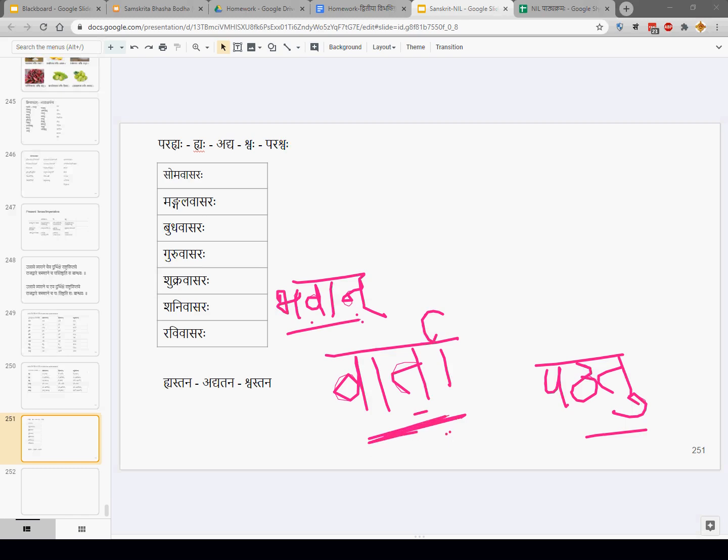What is the Dvitiya Vibhakti, the second case ending, for Varta? Anyone? Like Uma, Rama, or like this Akarant ending.